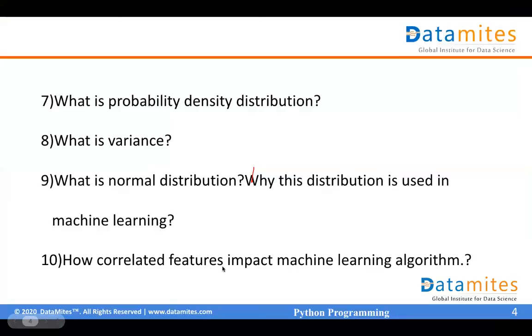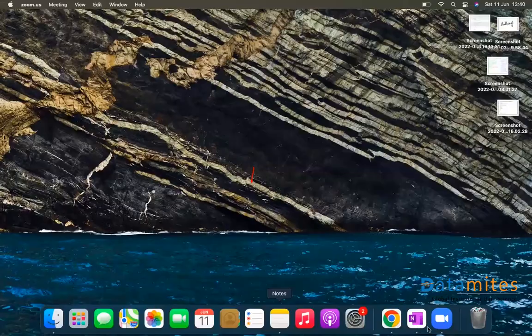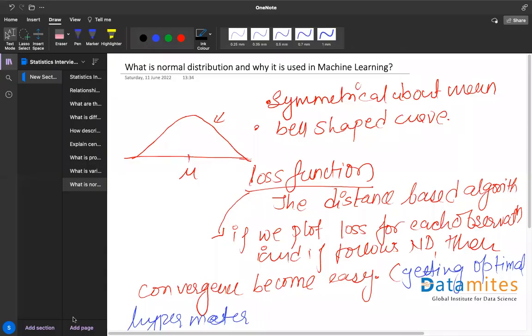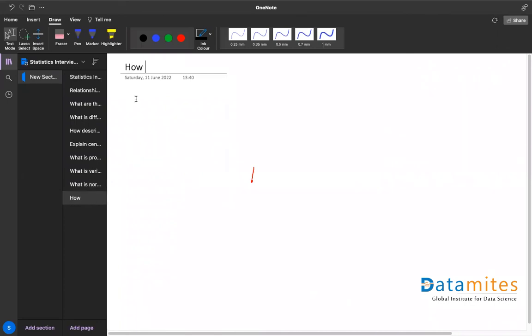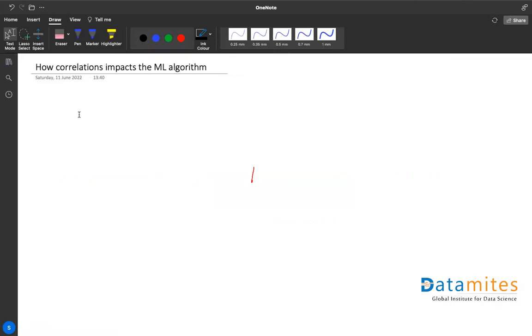The next question is how correlated features impact the machine learning algorithm. This is a very important question. Whenever you are asked this question, first you need to explain what is correlation.